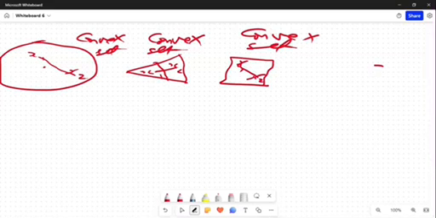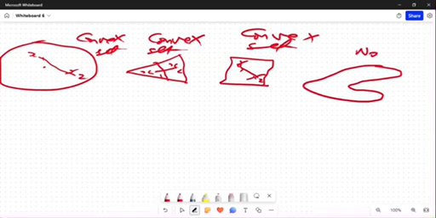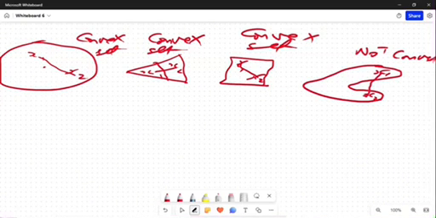But look at this shape. Why is it not convex? If I pick x1 here and x2 here, and join them with a straight line, you see that part of this straight line is outside.